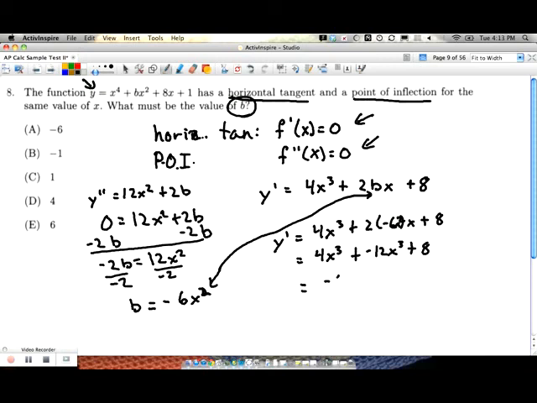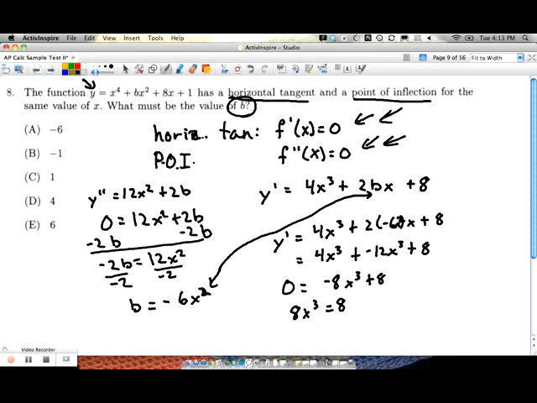If I simplify this even more, that gives me negative 8x cubed plus 8. I know that this is y prime, and in both of these situations, we know that the first derivative equals 0 and the second derivative equals 0 again. So I'm going to set this equal to 0 and now solve it.